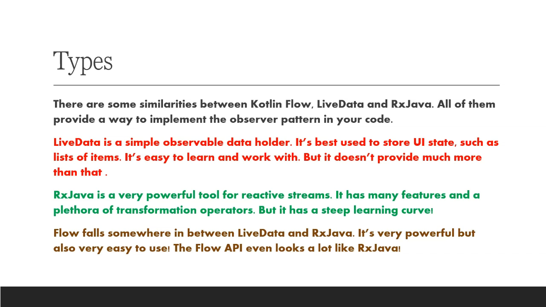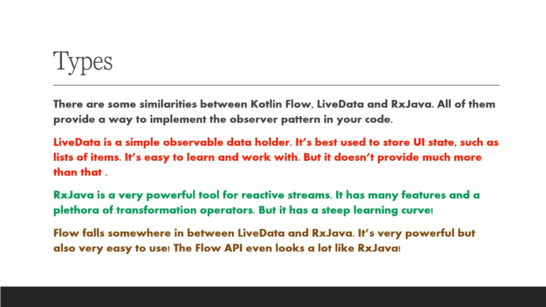If we go for LiveData, it is a simple observable data holder, and it is best used to store UI state such as an item list. It's an easy way to learn and work with, and you can just use MutableLiveData, get access and then use that. But it is not such a powerful option whenever you work with asynchronous tasks. RxJava is also a powerful tool for reactive streams.